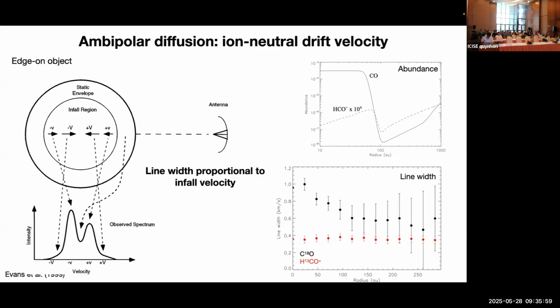Beyond several thousand AU, I think the depletion rate is different, so it's not valid. And also inside this, the density is too high, so the ionization fraction can be very low. In such a case, ion and neutral may not trace the same volume. So I think it's only valid within an envelope on a few hundred or up to 1,000 AU scale.